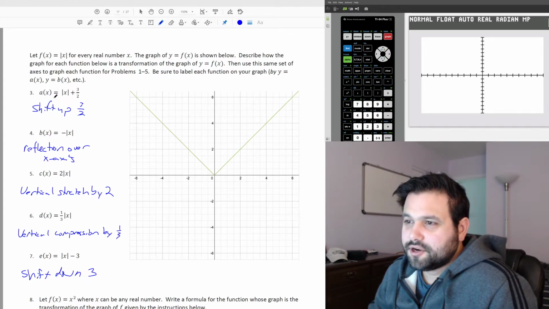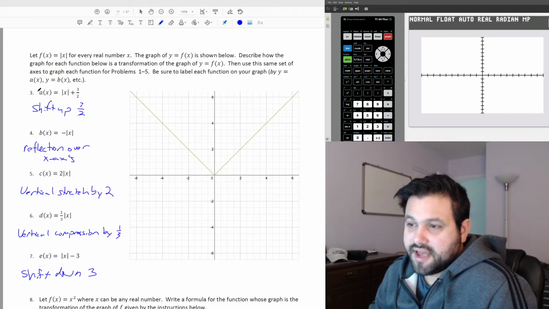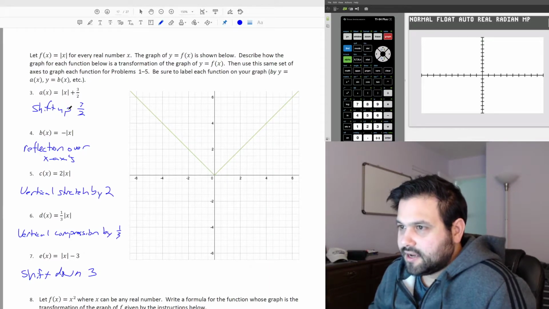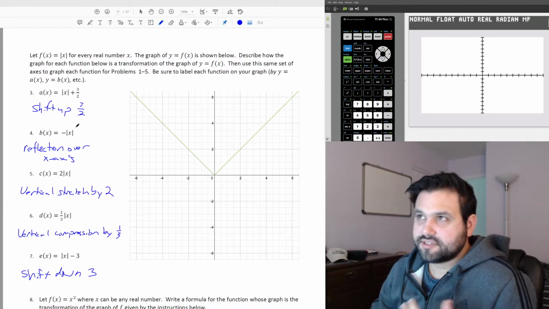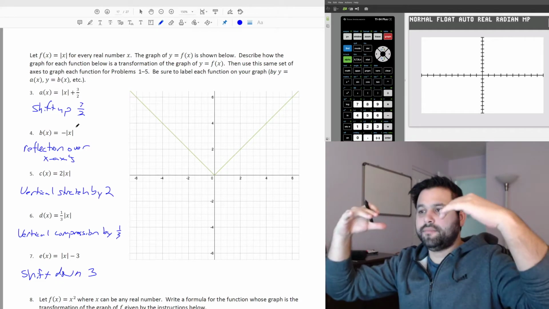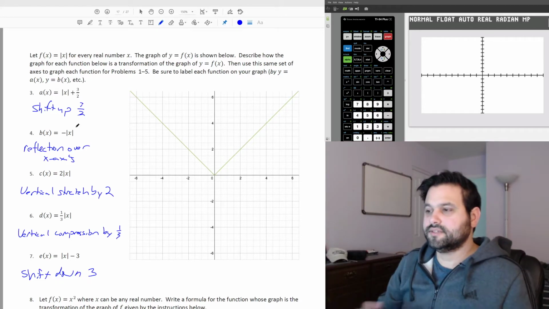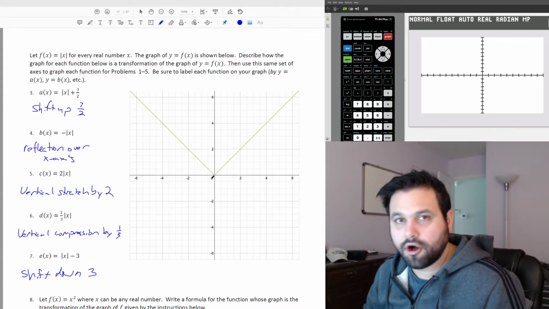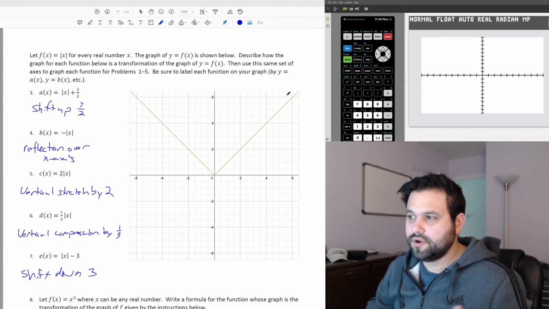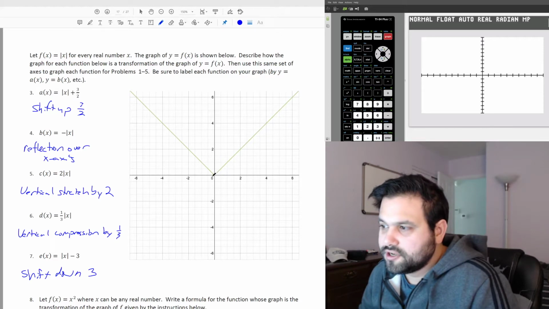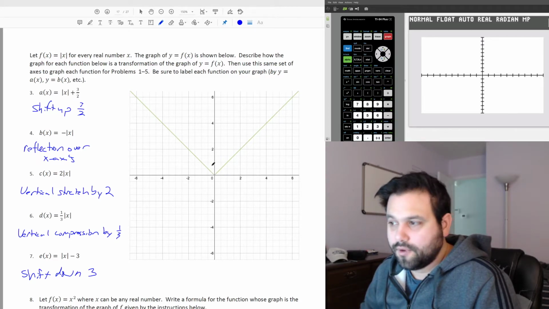So for number three, A of x, let's talk about A of x. Shifting up 3/2 is essentially shifting my whole function up 1.5 units. So I'm going to take all of my original points on this graph and shift them up 1.5 units.